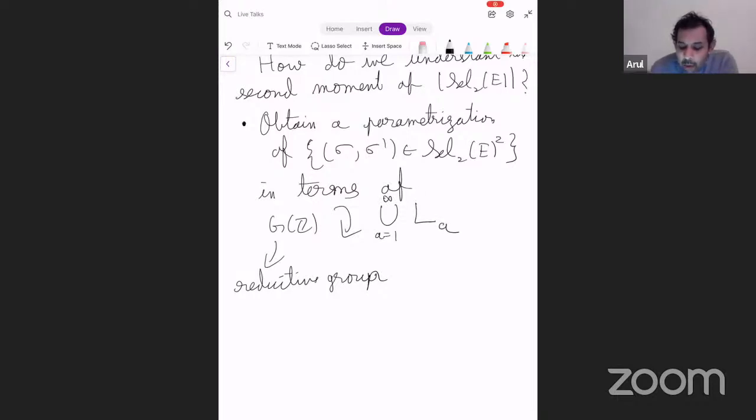So instead of just having one group acting on one space, this group, unfortunately, is going to have to act on a union of infinitely many nested lattices. All these L_a are lattices, and they get sparser and sparser.